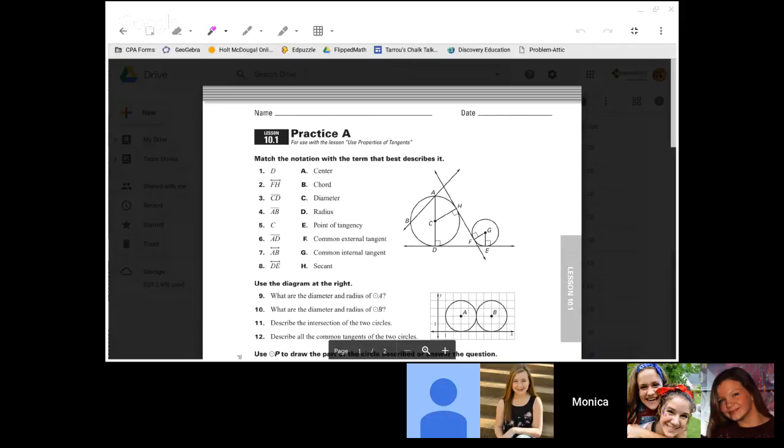We're doing common tangent lines, so the same line has to touch each circle at only one point. And remember, when you're doing common tangents, you need to look on top of the circles, on the bottom of the circles, and then in between the circles. So do you see where you would be able to draw 3 different tangent lines?